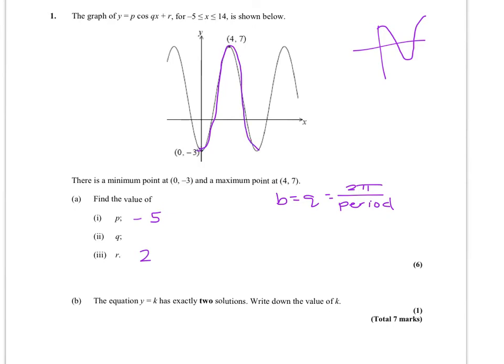We know the distance from here to here because it goes from 0 to 4. So that's got to be half of our total period. So that's 0 to 4, that's half, and then another 4 would complete it. So total, our period is 8. So 2 pi over 8 is going to be our Q value, which is pi over 4.